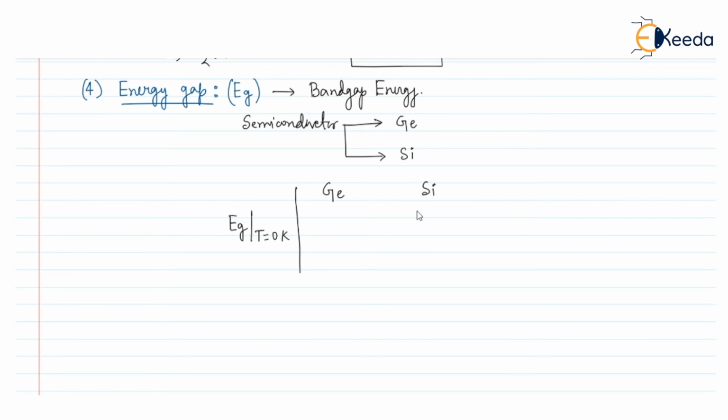For germanium it has a value of 0.785 electron volt, and for silicon it will be 1.21 electron volt. That means at T equals 0 K, germanium will have smaller band gap energy and silicon will have a higher band gap energy.